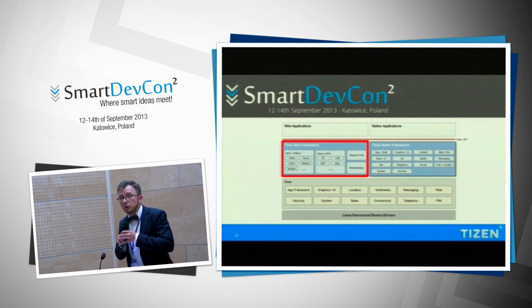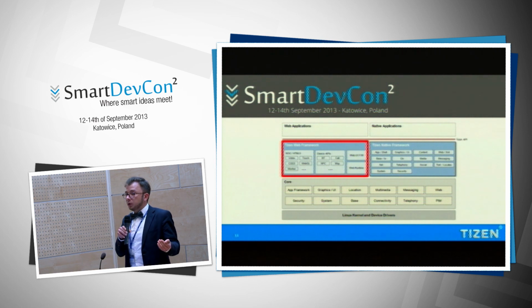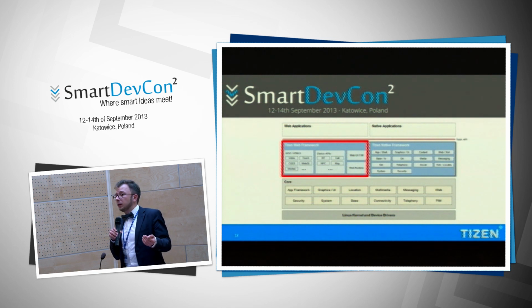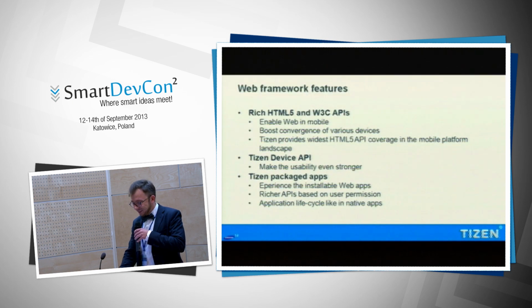So what we are doing now is trying to move all the bricks from device APIs to W3C standard APIs. We are also providing a UI framework just to get some controls that are very familiar, like native controls. So by easily using JavaScript, you can put some ready-to-use controls into your application, and that's it.